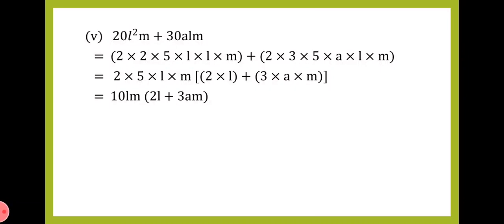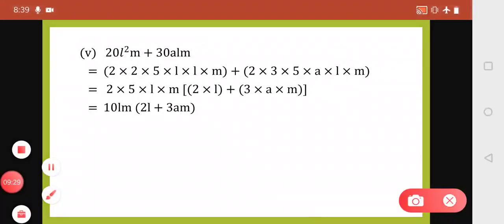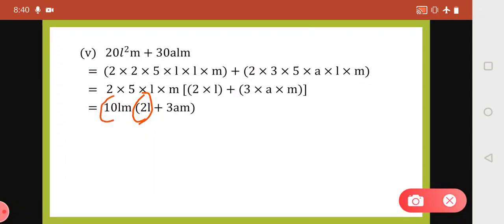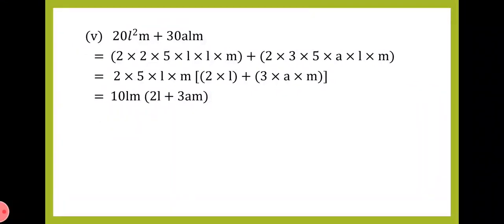It is not 21 dear, it is 2L. Please take care of this, that this is 2L. And this is 10LM, because here L seems to be like 1 only, but it is L. So we get the answer 10LM into 2L plus 3AM.